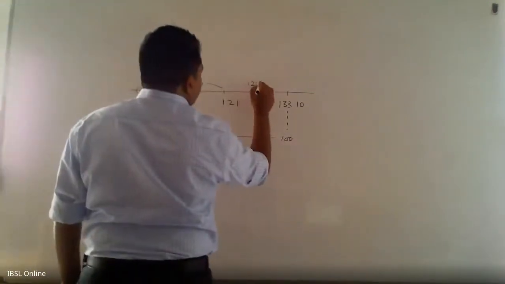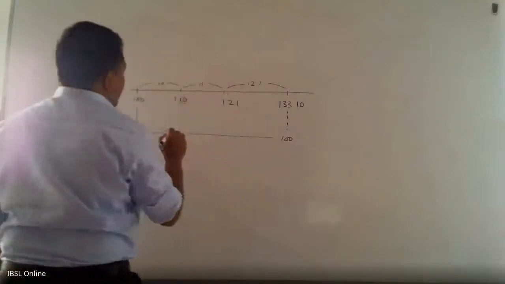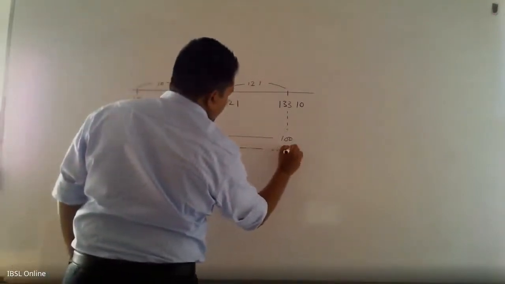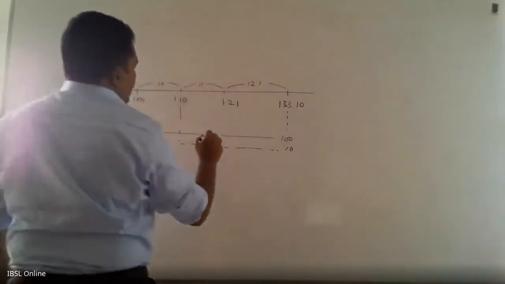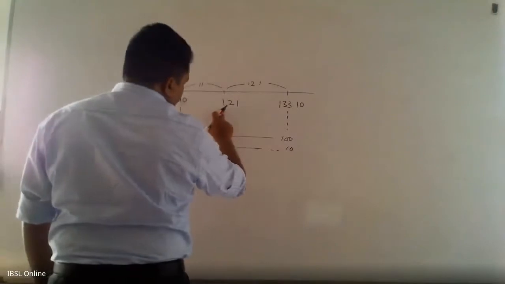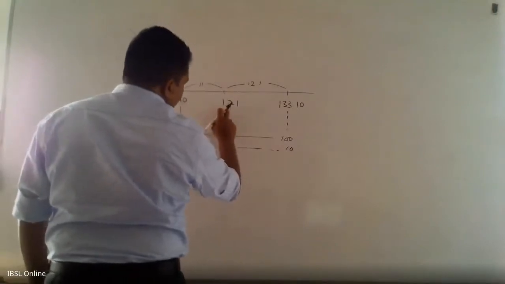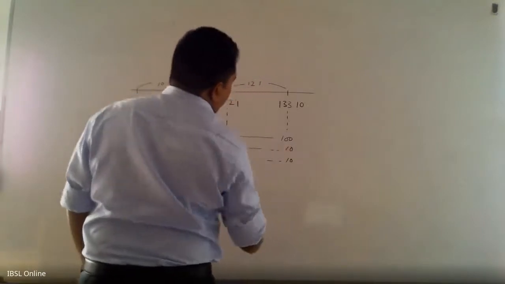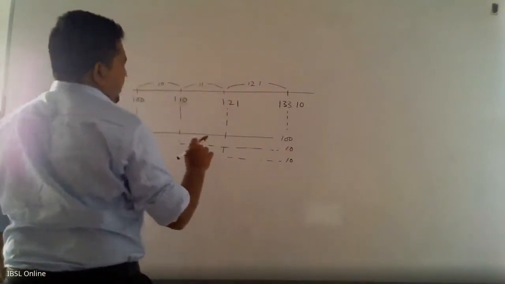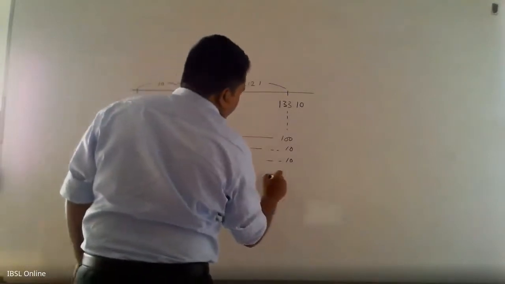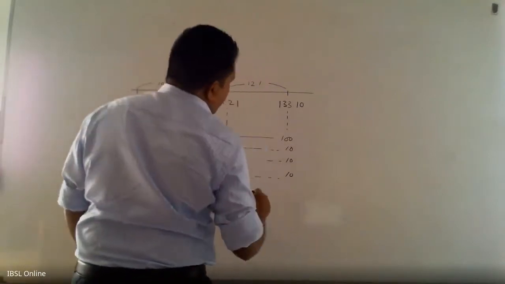So this 10 rupee that you received here is going to get more interest at this point. That is also going to come here. So this extra 10 rupee is going to have another interest.